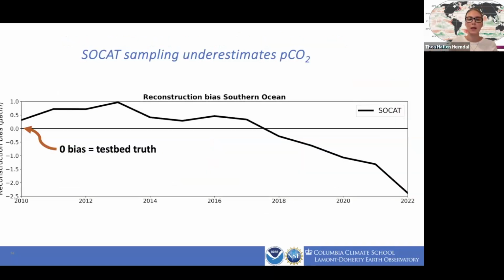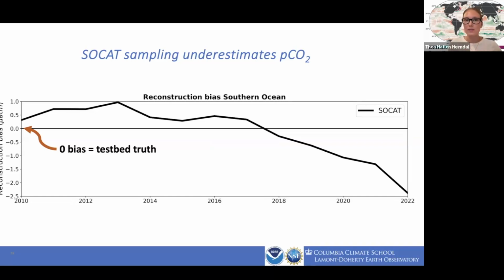But we also want to look at how this varies over time. So now we're again looking at reconstruction bias, specifically for the Southern Ocean, but the variation over the years. If we look at the y-axis here, we have negative reconstruction bias, positive, and then the horizontal line of 0. This is a bit simplified, but let's think of this as the testbed truth.